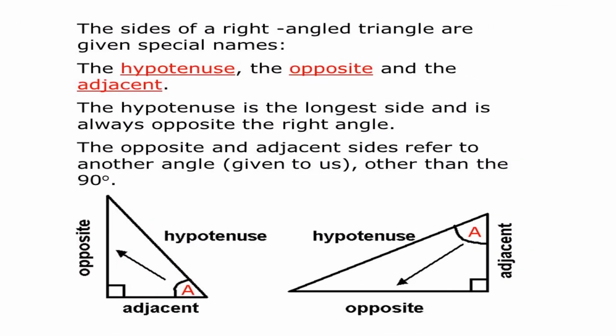The sides of a right angle triangle are given special names: the hypotenuse, the opposite, and the adjacent. The hypotenuse is the longest side and is always opposite the right angle. The opposite and adjacent sides refer to another angle given to us other than the 90 degrees.